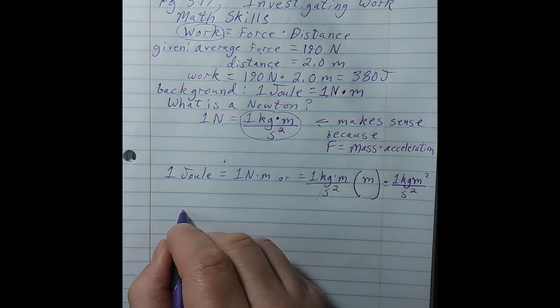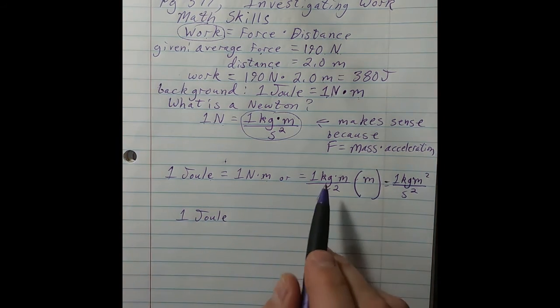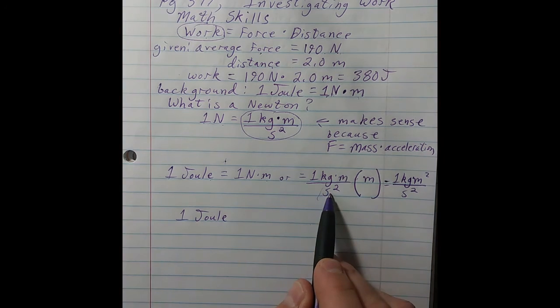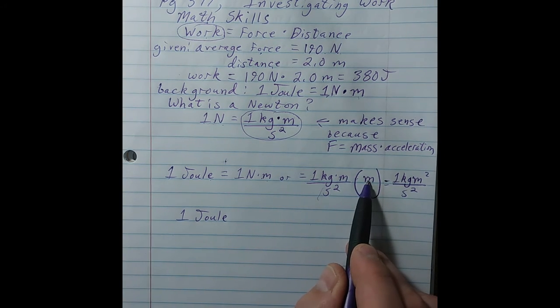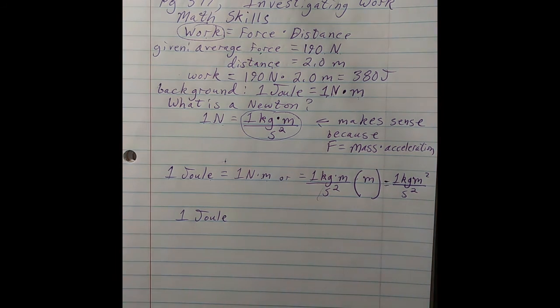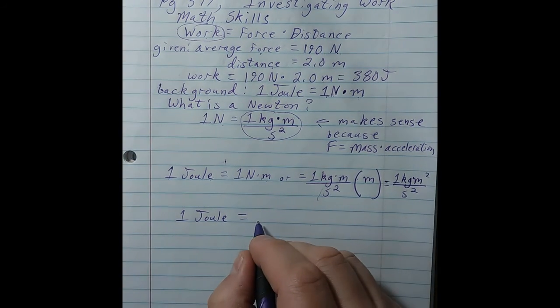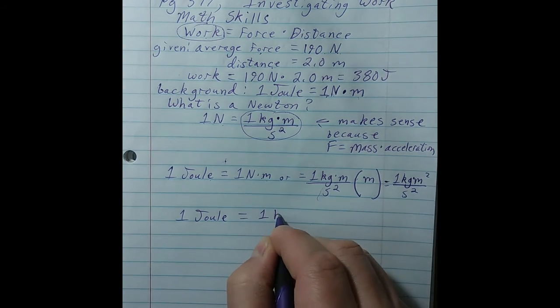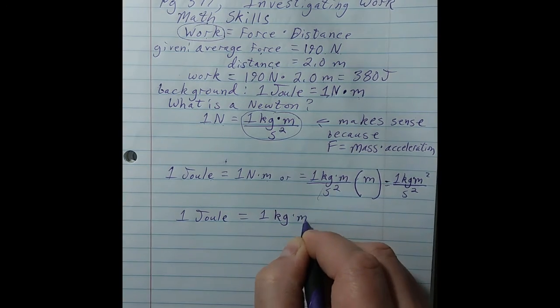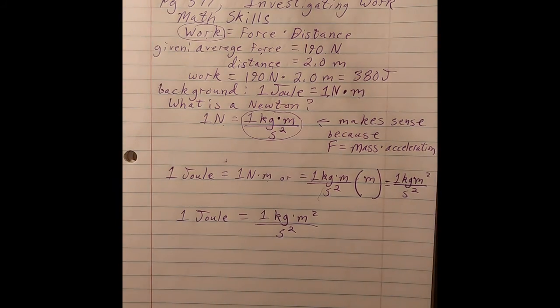So from all that, 1 joule is a mass accelerating through a meter if the mass is 1 kilogram. So let's write that a little bit cleaner. 1 joule equals 1 kilogram meter squared per second squared.